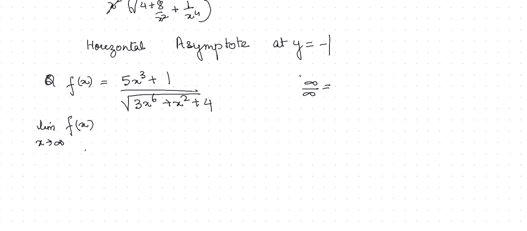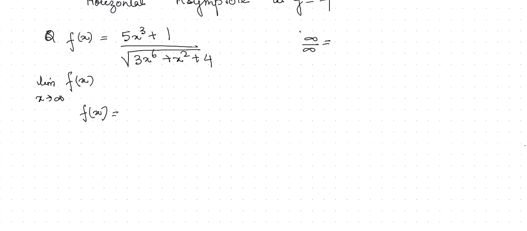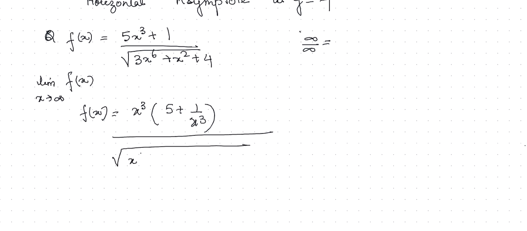If we take the highest power of the denominator and factor it out, this is x cubed times 5 plus 1 over x cubed, and if we factor out x raised to power 6 in the denominator, this gives 1 over x raised to power 4 and 4 over x raised to power 6.